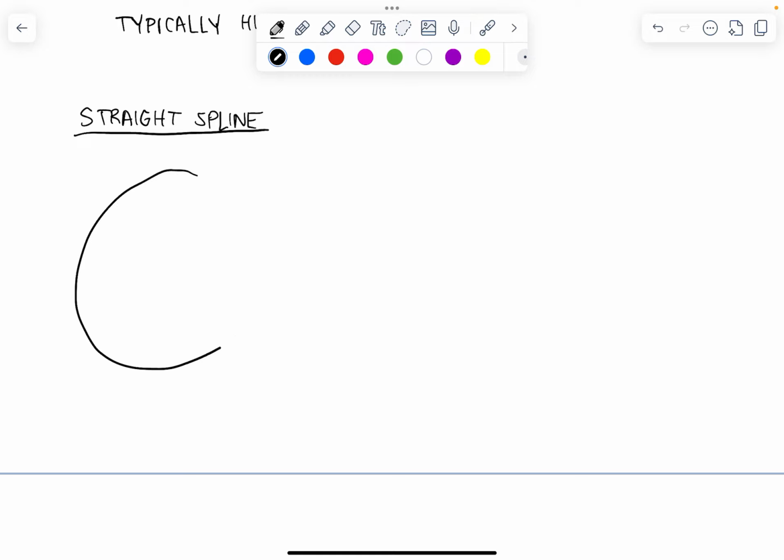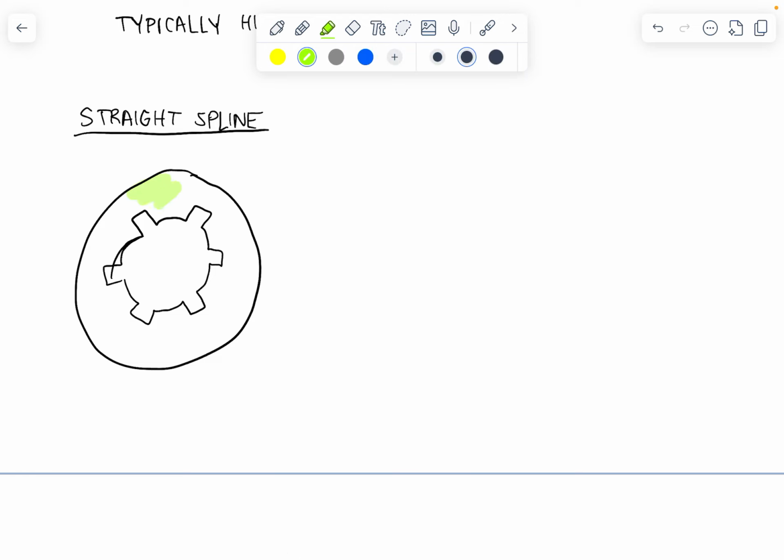So if I draw my hub, then a straight spline has many keyways carved into it. I'll color in the rest of this so that you know that this is the hub. Okay, rough drawing, but there it is.